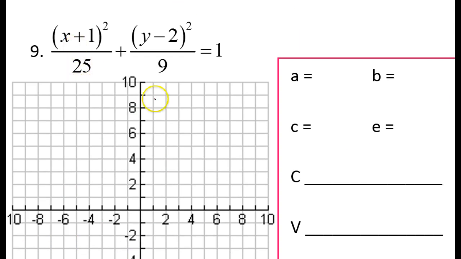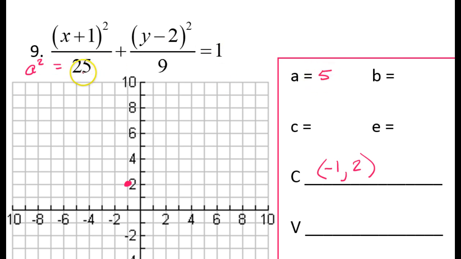Looking at number 9, first we have to talk about the center. The center is the opposite of this and the opposite of this. So the center will be -1, +2. Let's go ahead and graph that. -1, 2, the center is here. Next, look at the bigger denominator and call it a squared. If a squared is equal to 25, that means a is 5.